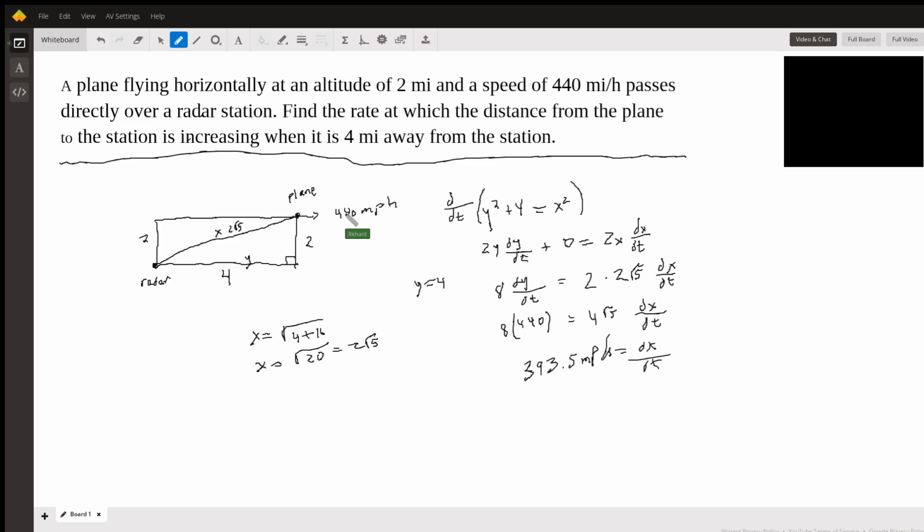We know the plane is traveling at 440 miles per hour. And so it's reasonable to think that this horizontal distance is going to change faster than the vertical distance, because the vertical distance is going to be changing slightly as the plane moves forward.